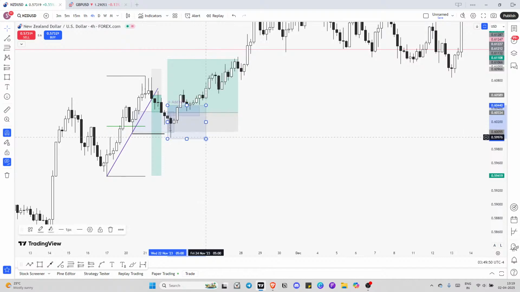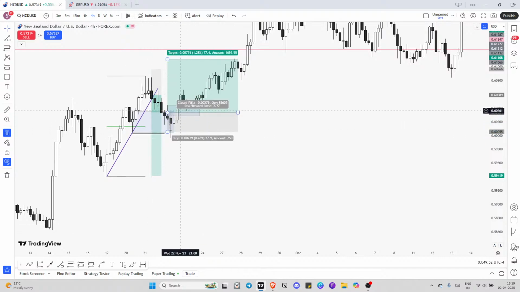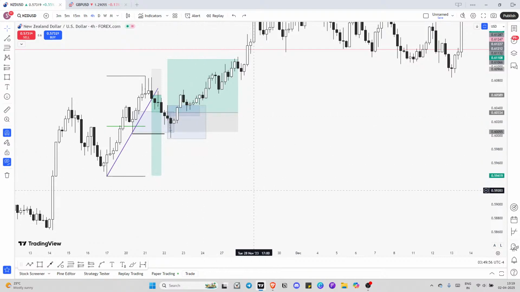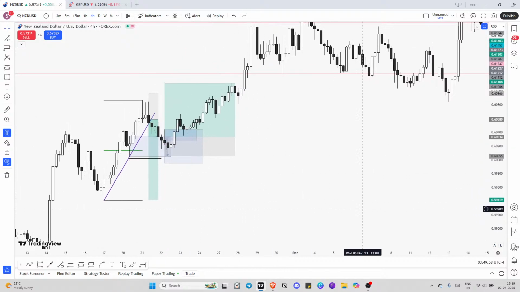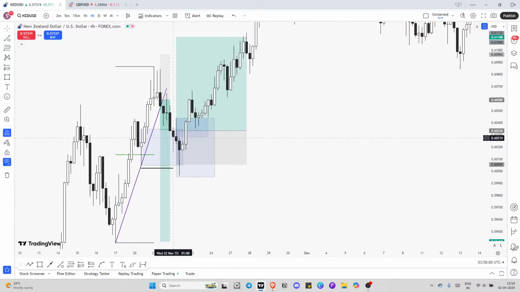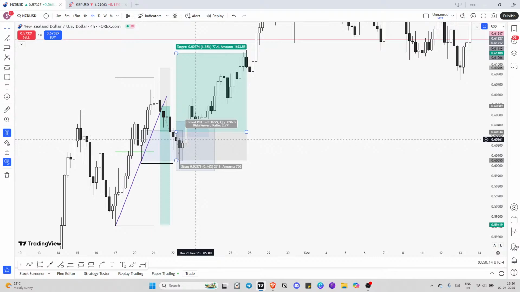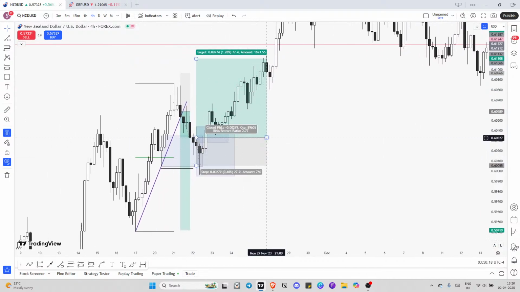Okay, I will show you how to mark this also, but right now let's just take this, right? And this last push down, swept liquidity, is what we're aiming for. When we go into the lower time frame, we will get an entry level. So we have the liquidity.